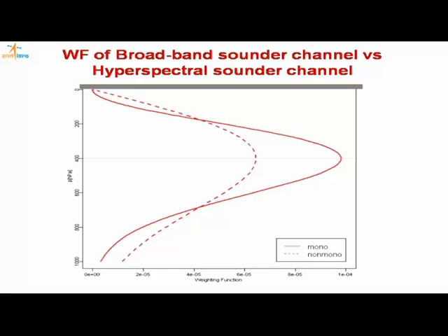But if we make an observation with a hyperspectral sounder, which is shown by this curve, the weighting function is narrower, and this narrow weighting function means that the information which we are receiving is from a narrow atmospheric layer. So our vertical resolution, the resolution of the vertical atmospheric layers, has improved in the hyperspectral sounder compared to the broadband sounders.